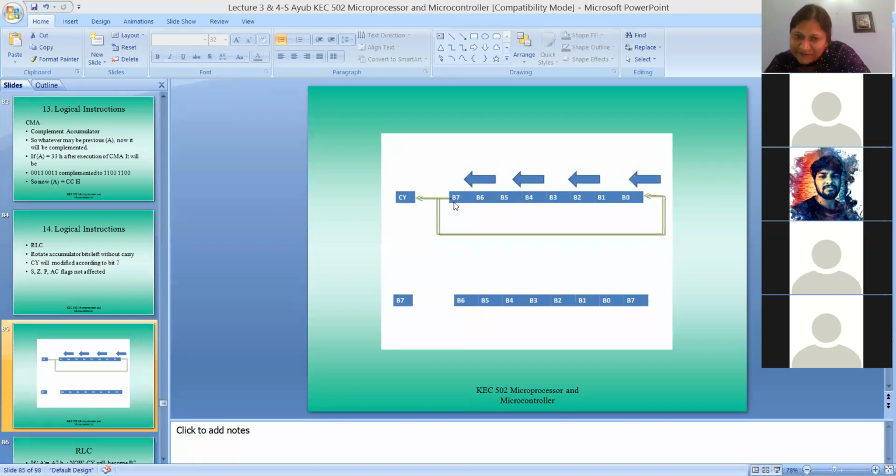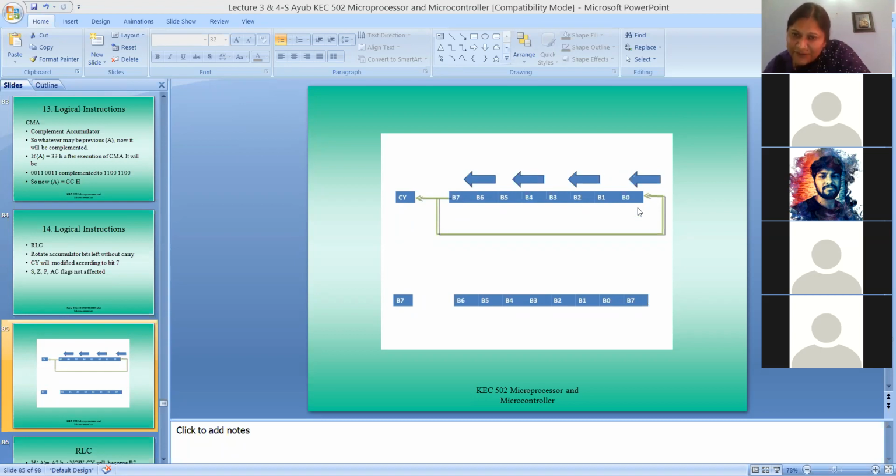Where will this B7 go? This B7 will take the position of B0. Understood? And also the B7 contents will go into the carry flag. Here the carry flag is not involved, but the carry flag status will be altered with the contents of the B7 bit.